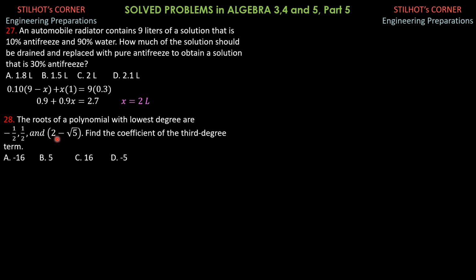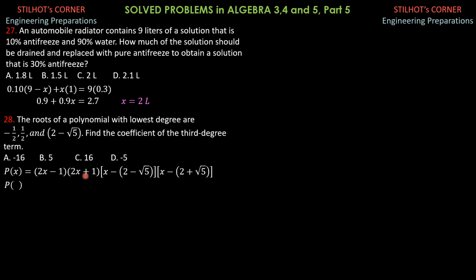And this one is x minus quantity 2 minus square root of 5, and the other one is x minus quantity 2 plus square root of 5. So putting it, p of x equals 2x minus 1, 2x plus 1, times quantity x minus quantity 2 minus square root of 5, and the other factor x minus quantity 2 plus square root of 5.